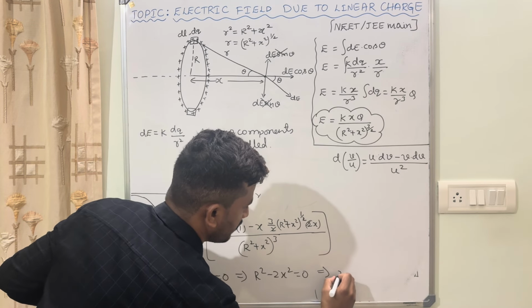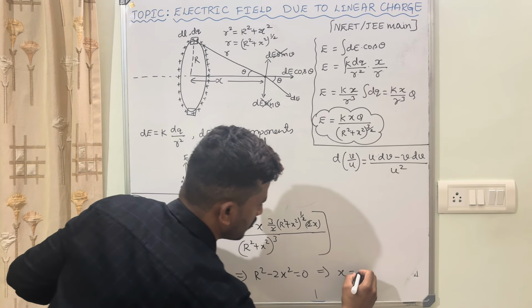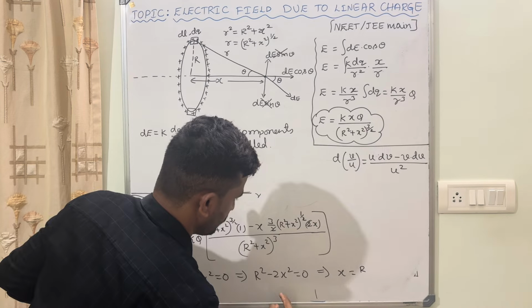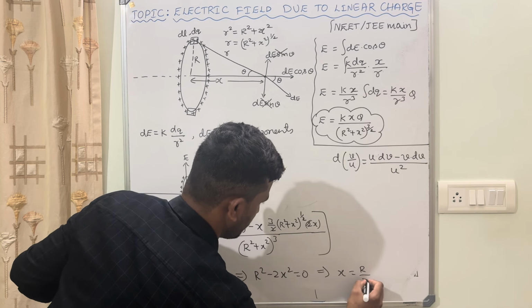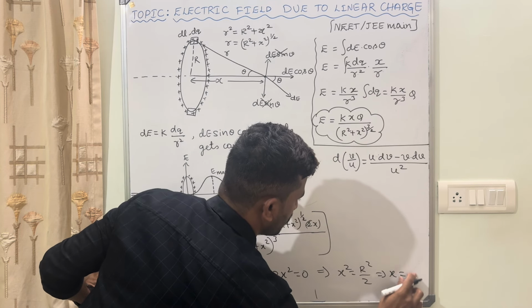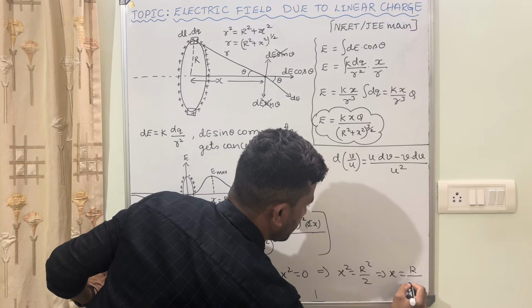If you solve this, you will get x square is equal to r square by 2, that is x square equals r divided by 2 square. Take the square root on both sides, you will get x equal to r divided by root 2.